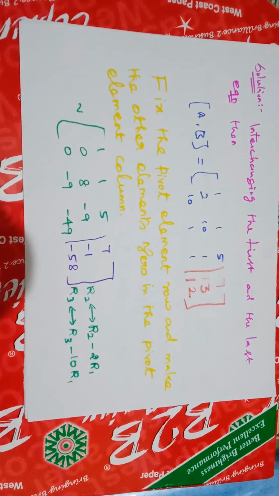The very first step: interchanging the first and the last equations, and also we have to derive the equation in matrix form. So that's why I have written A comma B, considering the coefficients of the first, second and third equations. But before we write the matrix form, see the very first line: interchanging the first and the last equation.